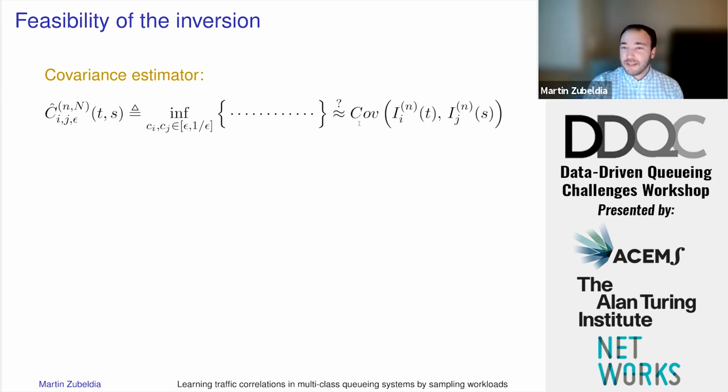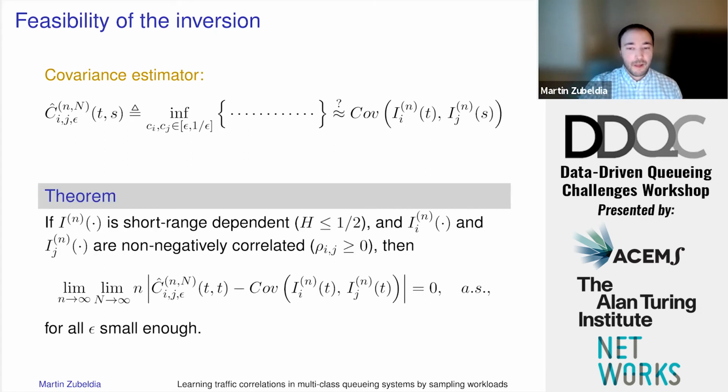We hope that this is equal to the covariance, in the same way that the first one was equal to the variance. And we prove that in certain cases it is a good estimator.